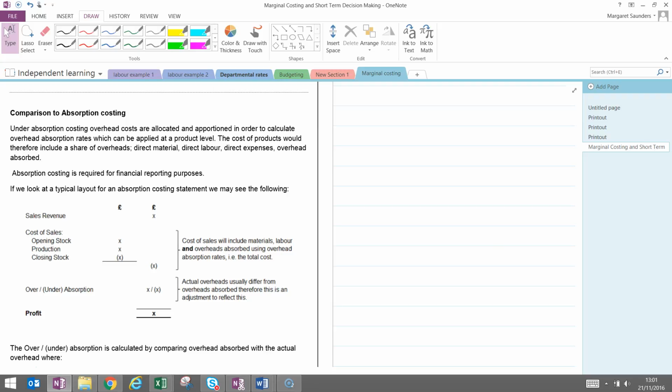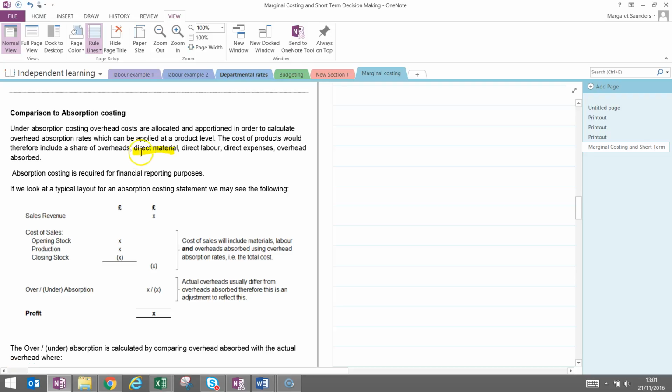Then we work out overhead absorption rates for each of our departments, and then we can work out the cost of our product, which is the direct material, the direct labour, direct expenses, and the overhead absorbed. So that's absorption costing. We've got the direct material, labour, expenses, and we're adding in an overhead absorbed, and that gives us our production cost or factory cost.